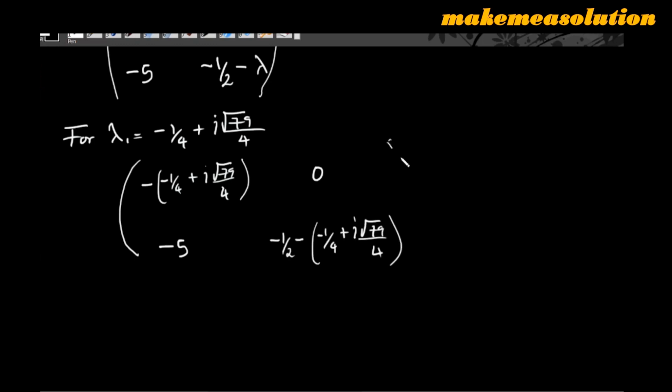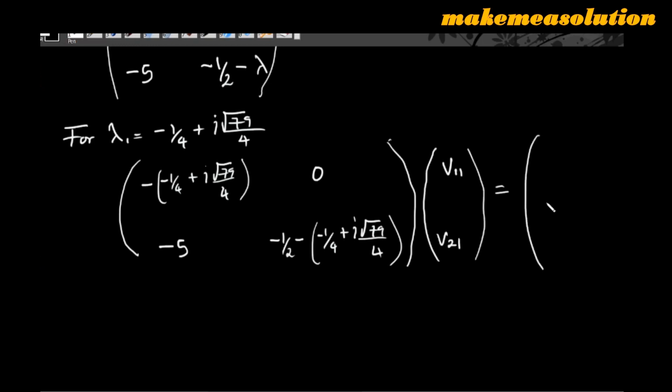Is that okay? So you will have your eigenvector. Let me call it v11 and v21, equal to the zero vector, 0 0, like this.